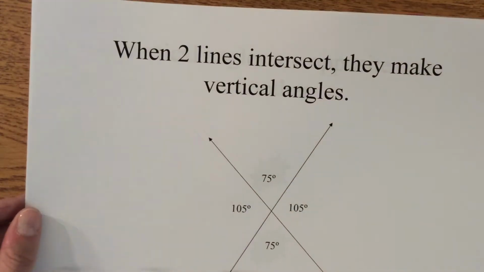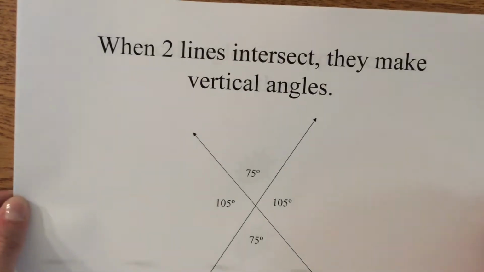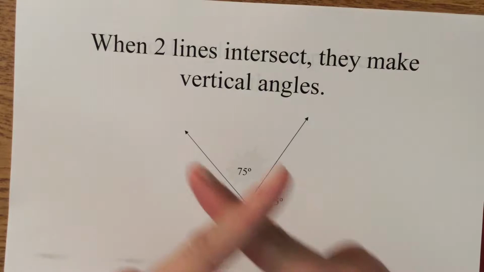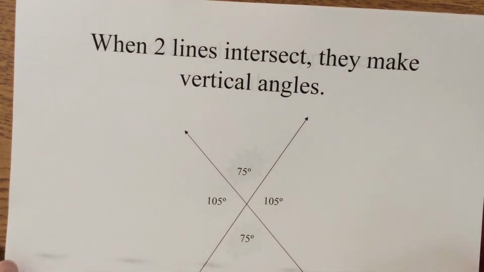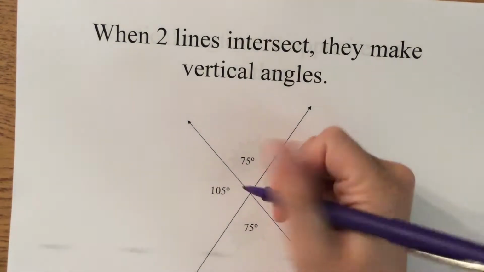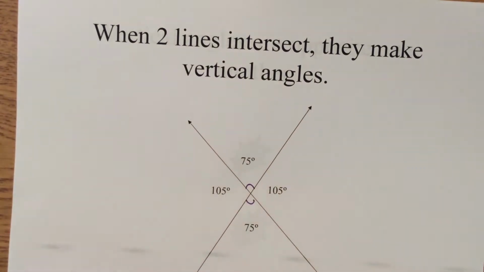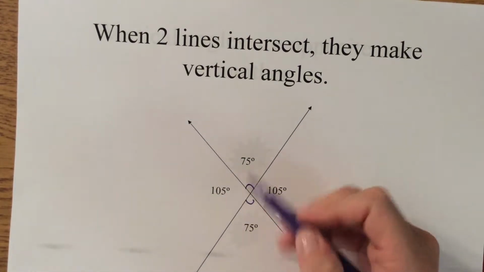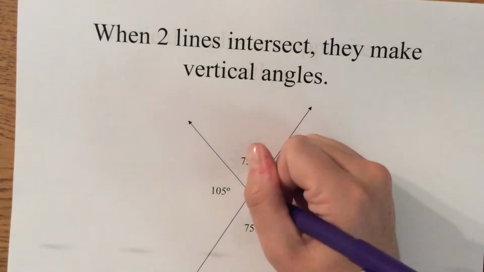Okay, the next thing we're going to look at are vertical angles. When two lines intersect, just like that, they make vertical angles. One thing you'll notice is that vertical angles are congruent. They are the exact same measure. You can see this angle and this angle, those are vertical angles. They are congruent. And same thing here.